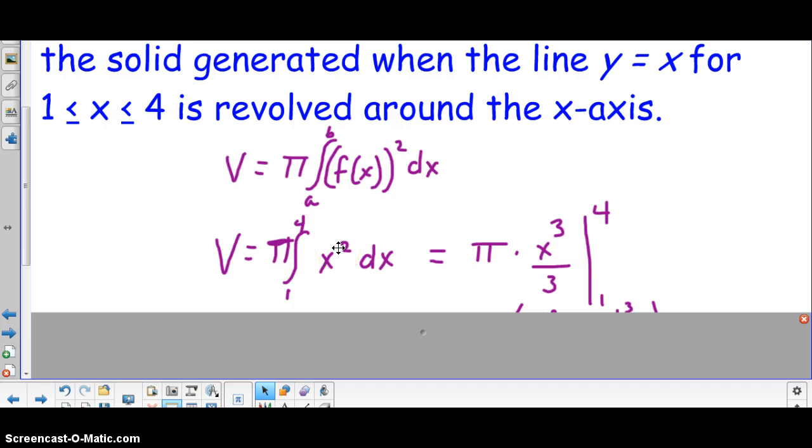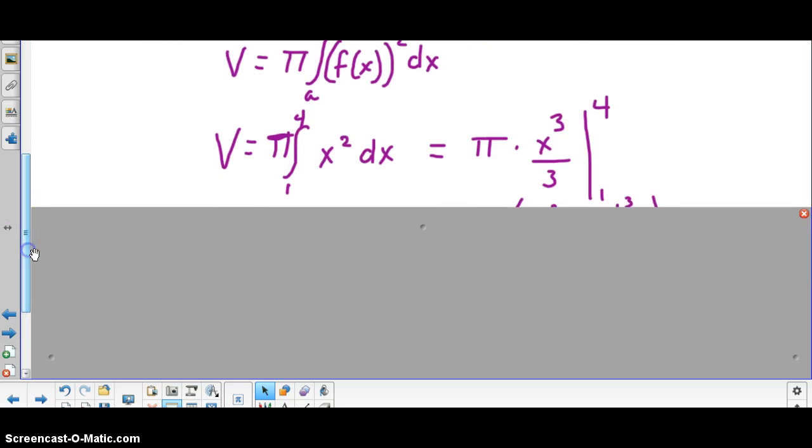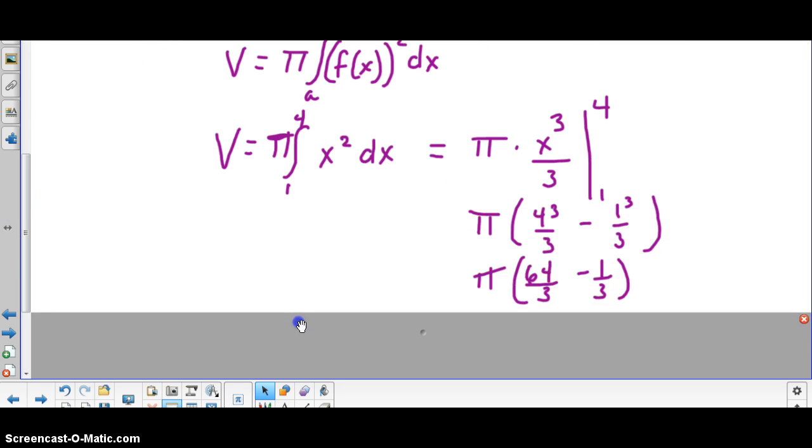Our next step is to find the antiderivative. The antiderivative of x squared would be x cubed over 3, and then we're going to be evaluating that from 1 to 4. If we plug in 4, we have 4 cubed over 3, minus our plug-in of 1, which is 1 cubed over 3.